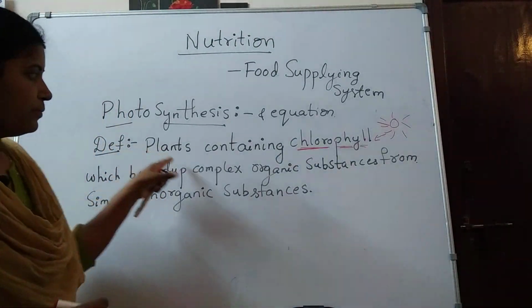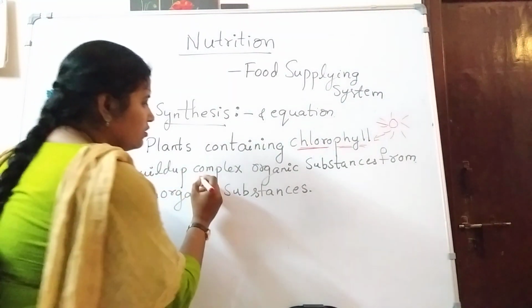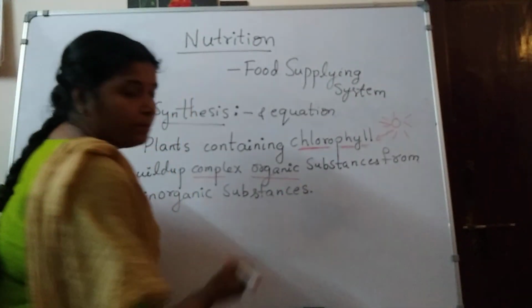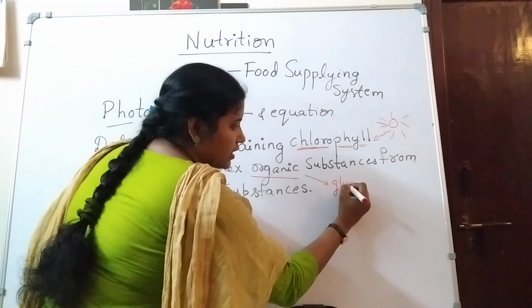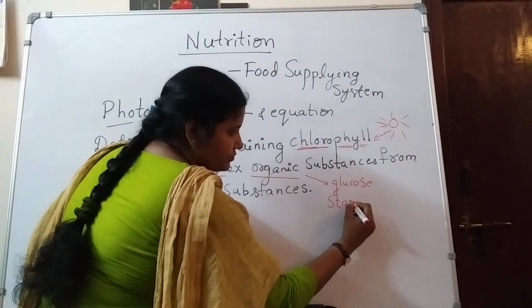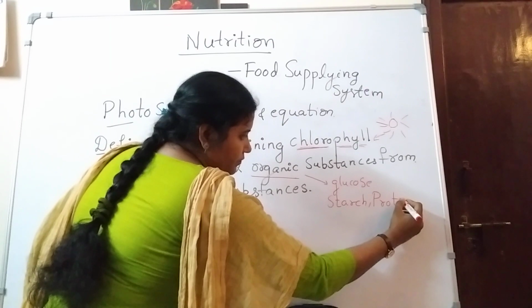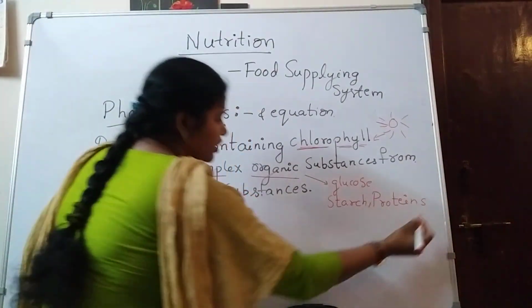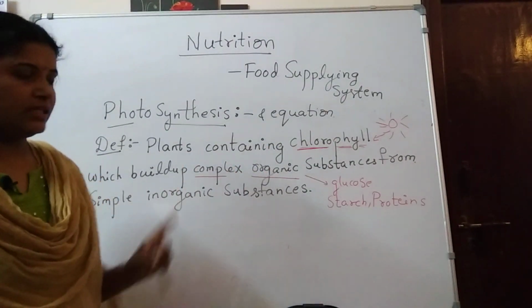So that's why plants containing chlorophyll build up complex organic substances. What are these complex organic substances? These complex organic substances are nothing but glucose, starch, proteins. Complex organic substances from simple inorganic substances.